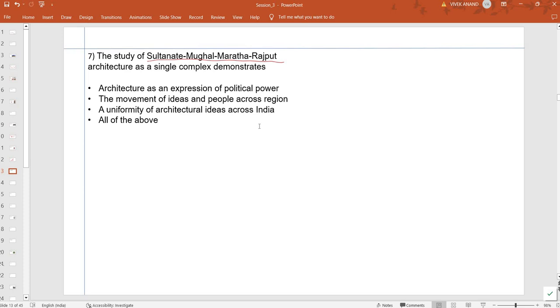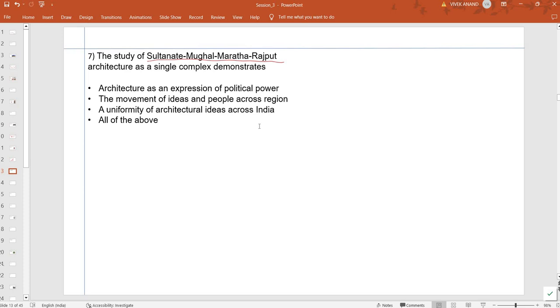Third option is uniformity of architectural ideas across India. So yeah, when you see this in a single complex, and when every dynasty has an influence of the previous or coming dynasty, in that way a uniform style starts developing. Like Mughals had control over a large part of India, so Marathas were influenced by Mughals also. Before Marathas, there was the Sultanate that also had a prominent control.